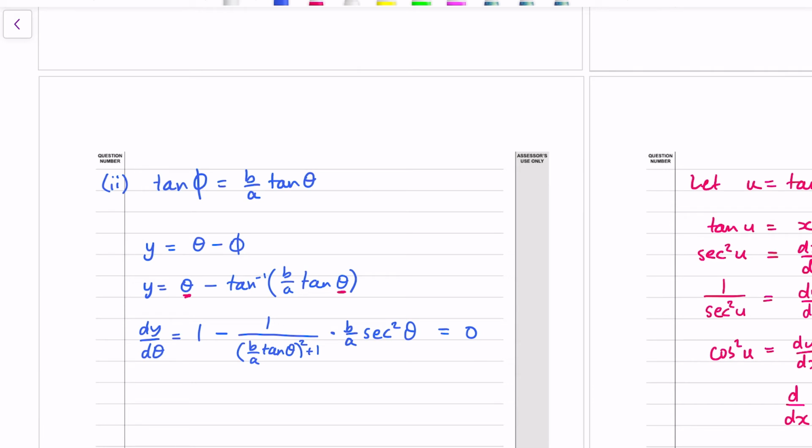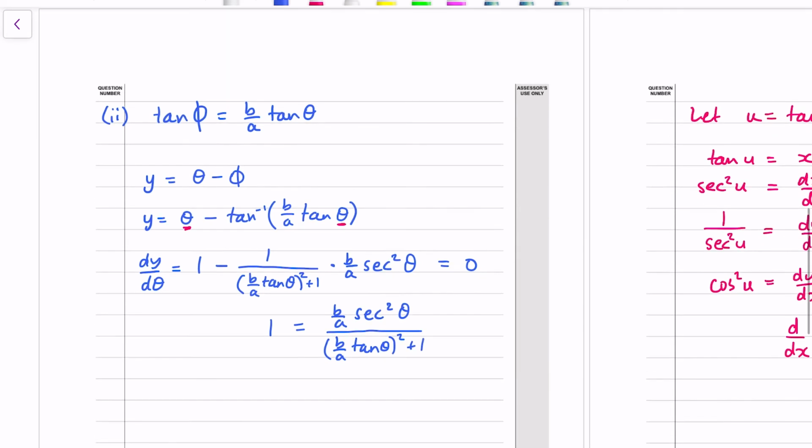Okay, how do we solve this? We move that whole term to the other side, so it's 1 equals b over a sec squared theta divided by b over a tan theta all squared plus 1, cross multiply.